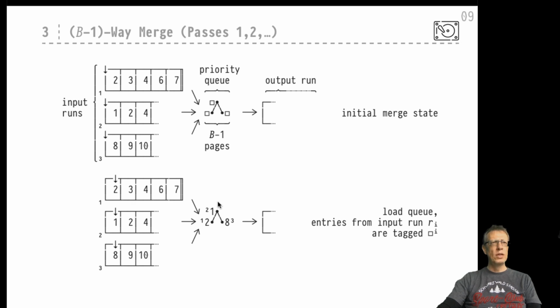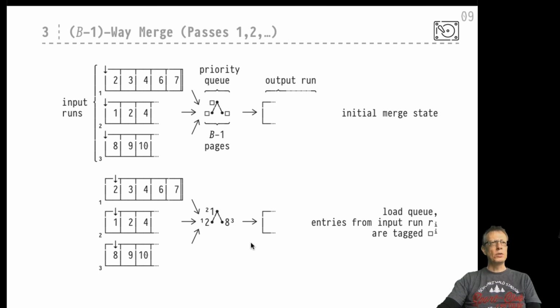So indeed, the minimum element 1 is found at the root of this priority queue. You will also see that each of the keys here are annotated, marked so that we can see which input run contributed this particular value. So indeed, this 8 here has been contributed by input run R3.